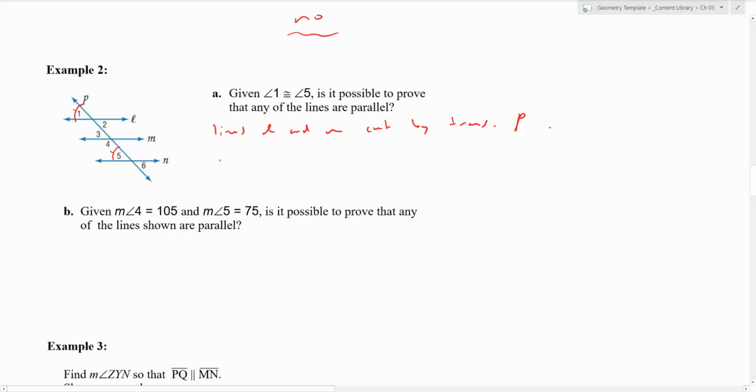And if angle 1 is congruent to angle 5, then line L must be parallel to line N. And the theorem we use is the converse of corresponding angles theorem.